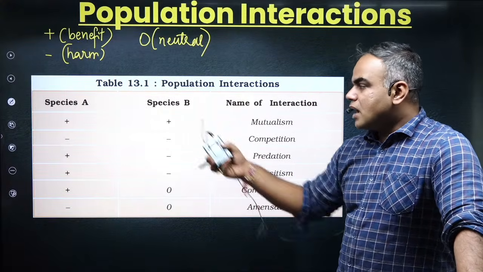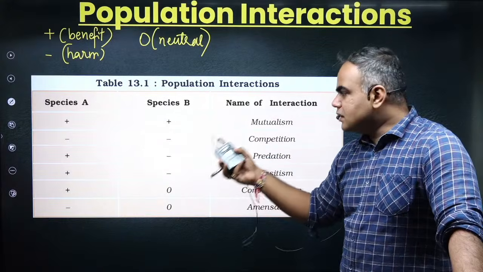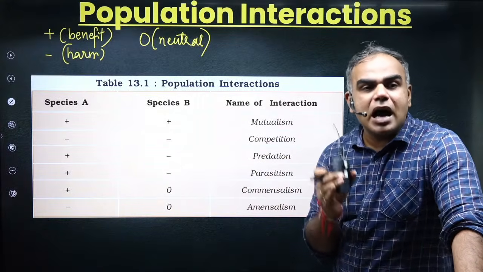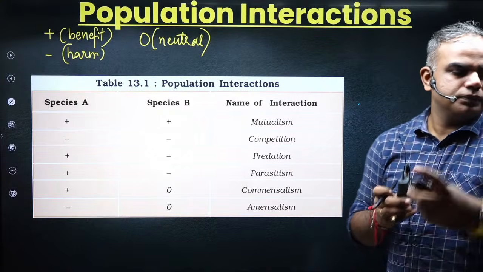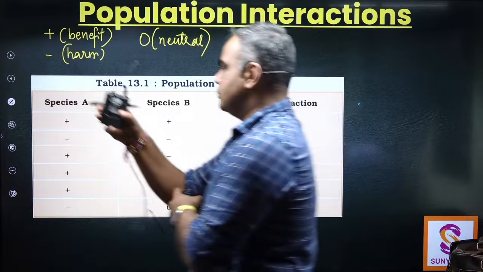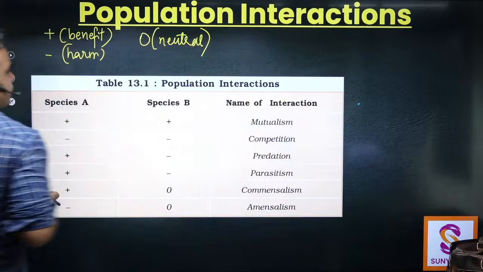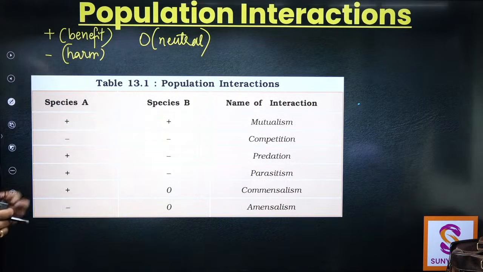So minus, and when it is minus minus, in this interaction, both the species are harmed. Right? So that is how we understand. Yes. So both points are to be known and understood here. Right?